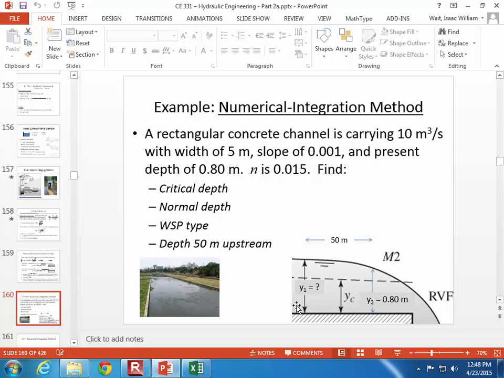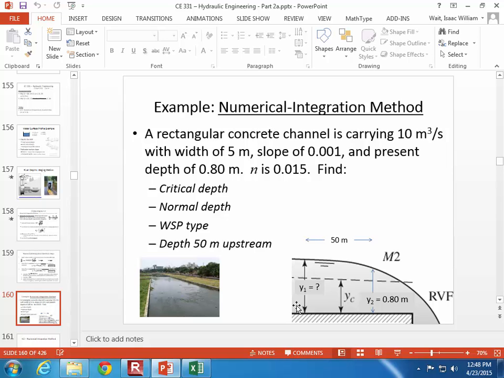50 meters upstream, what is the depth? We have to start with a guess. And so here at 2, it was 0.80. X is 50 meters. And just as a guess, I mean, we have to start somewhere, I'll say maybe it's 0.85.